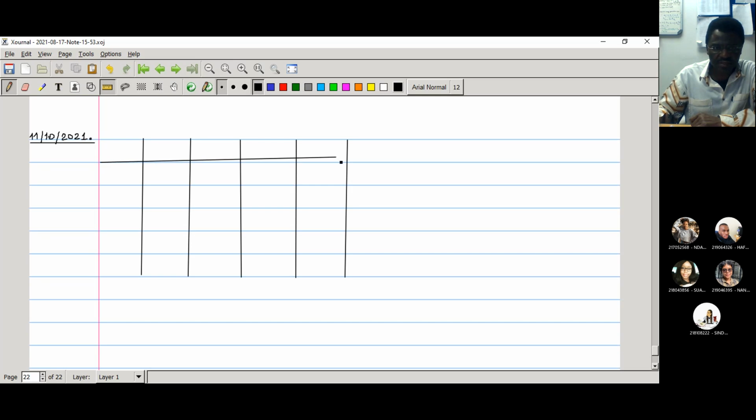Here, this first column is when j is equal to 0. Maybe I can add another.